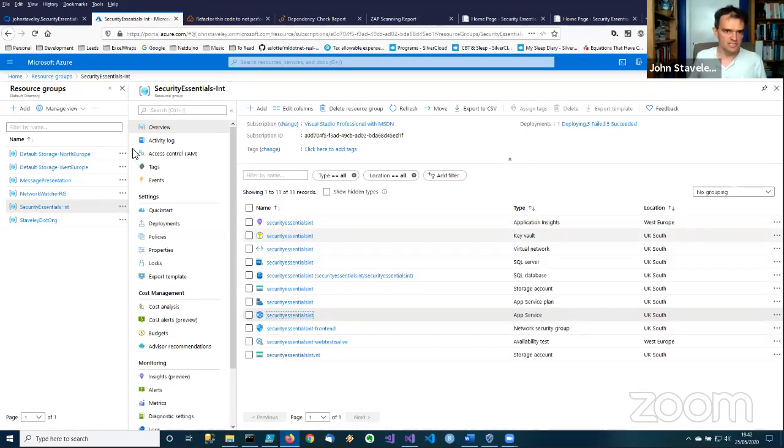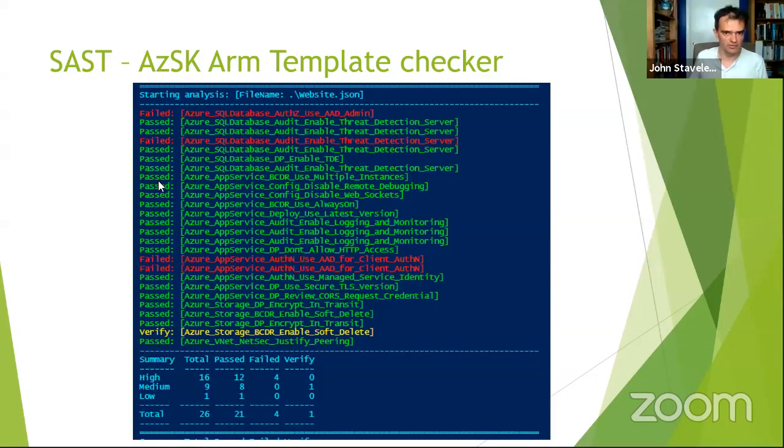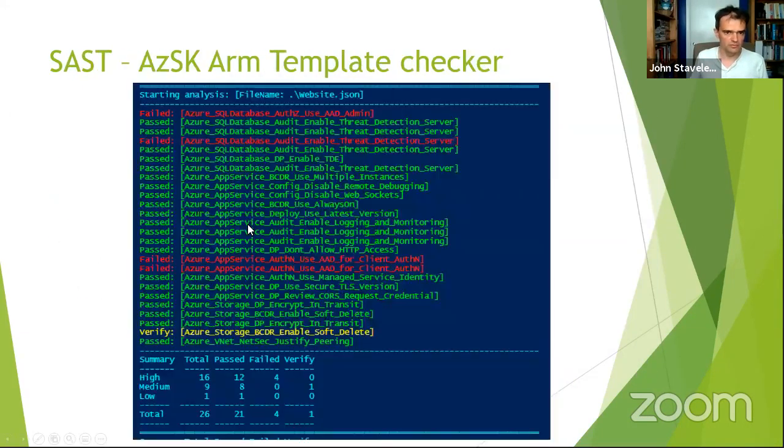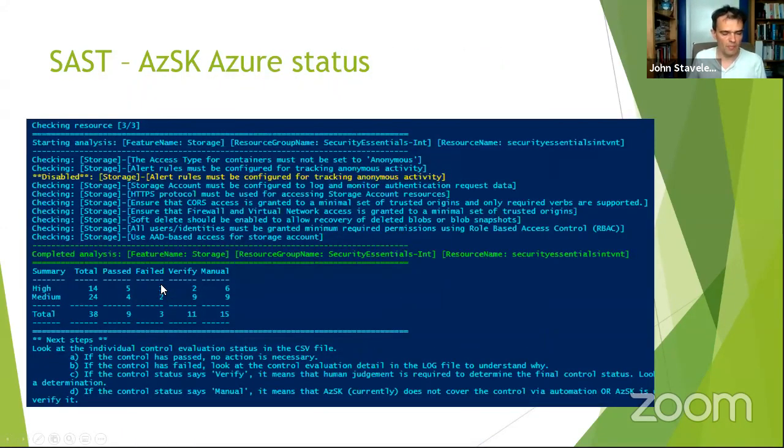Here you see the last one, it's just checking the storage, and again, we've got an exclusion defined with that. So for storage, HTTPS protocol must be used. And it's found 14 high findings, 1 failed, and then 2 medium failed.